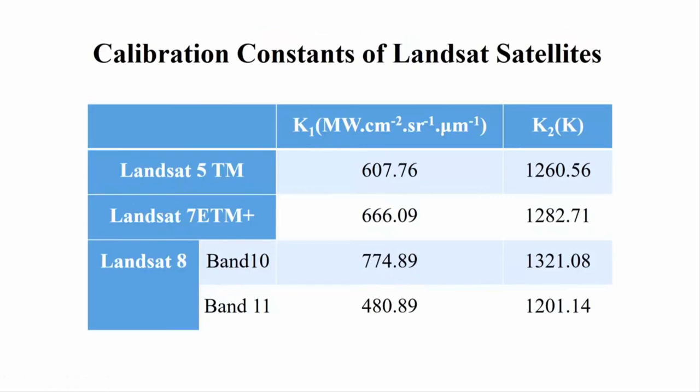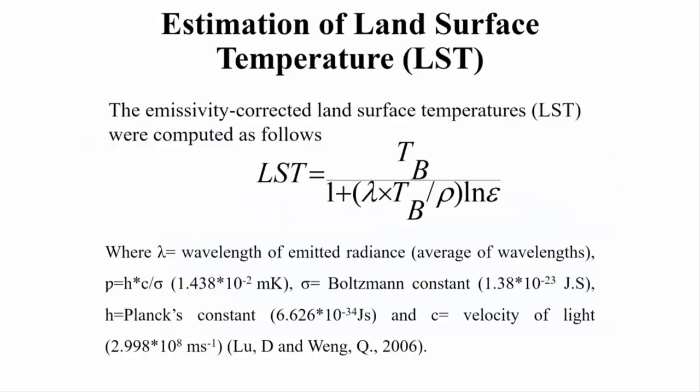These are the values of K1 and K2. Here we can see that for different sensors we get different calibration constants. Sometimes the calibration constants are also updated for the different sensors by the different space agencies. So one can get the calibration constants, and after that one will be able to find the radiant temperature.